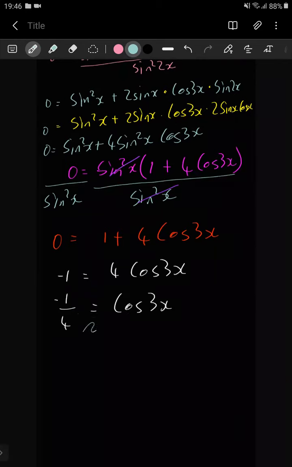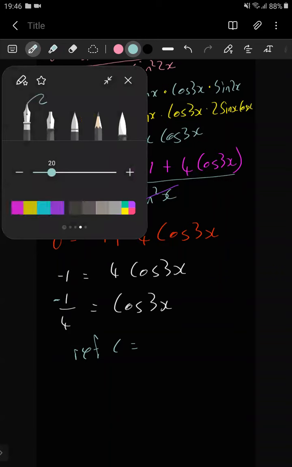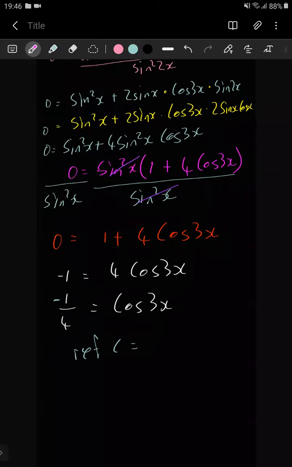So here you need to get a reference angle. Whenever you get a reference angle, don't use the negative symbol, only use the number. So your reference angle is going to be cos inverse of a quarter. Let's see what the reference angle is. I hope we get something nice to look at, because proving that that thing is equal to 72 is a problem, since we're getting weird numbers already.